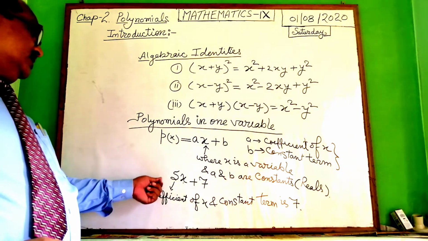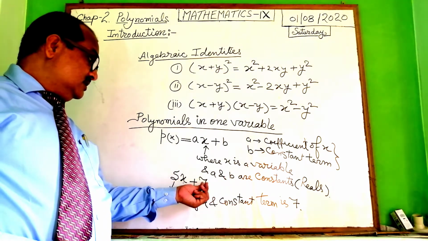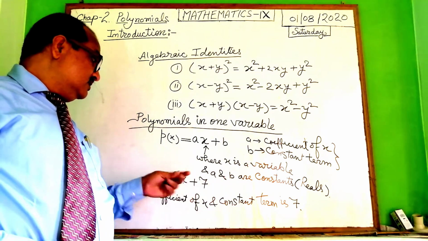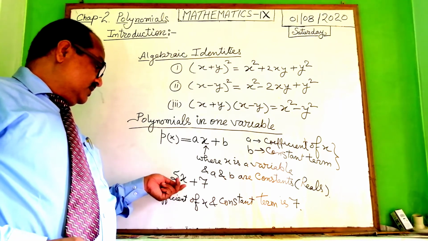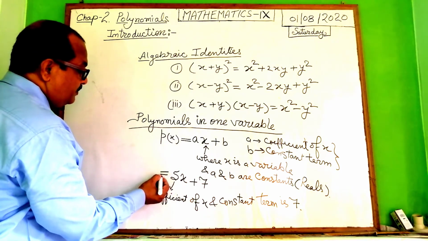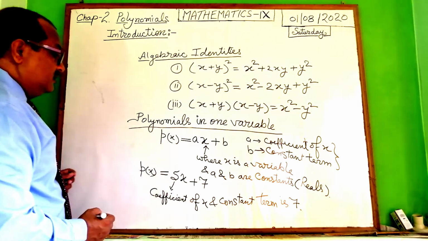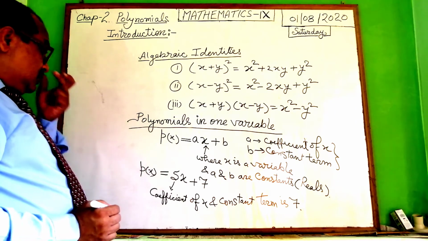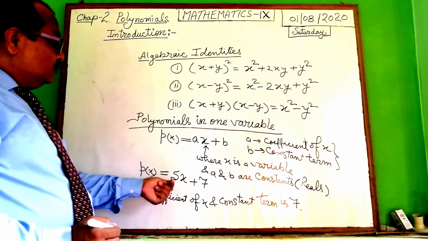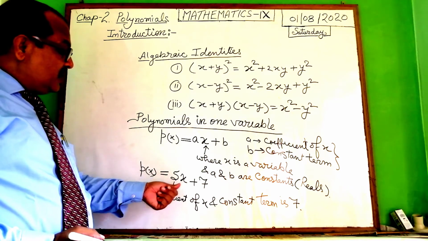So the value of this 5 will remain 5 here. It will also remain 7, but the value of x can be changed. The value of the polynomial totally depends on the value of x. You can put any real number: 0, 1, 2, -5.